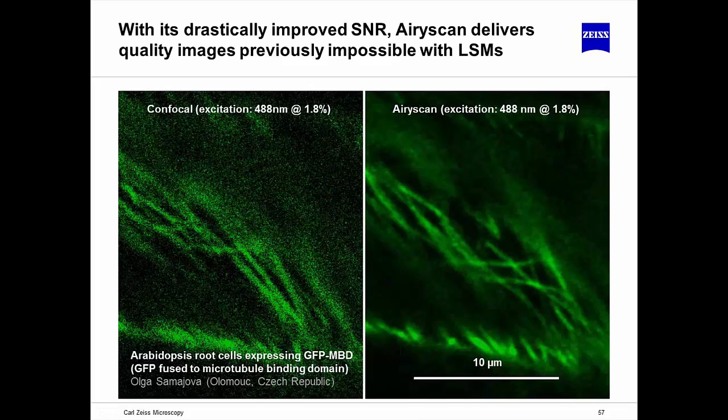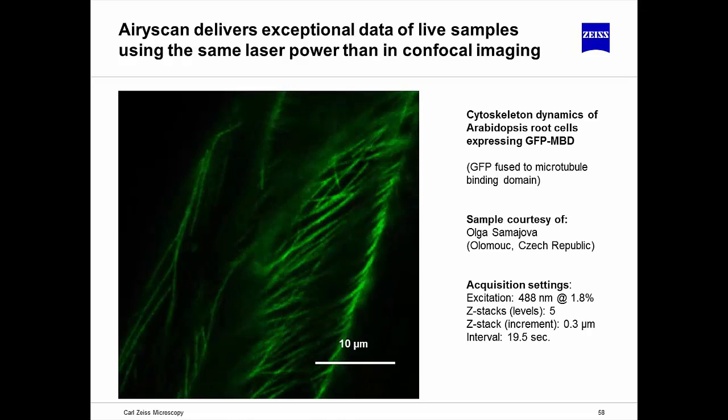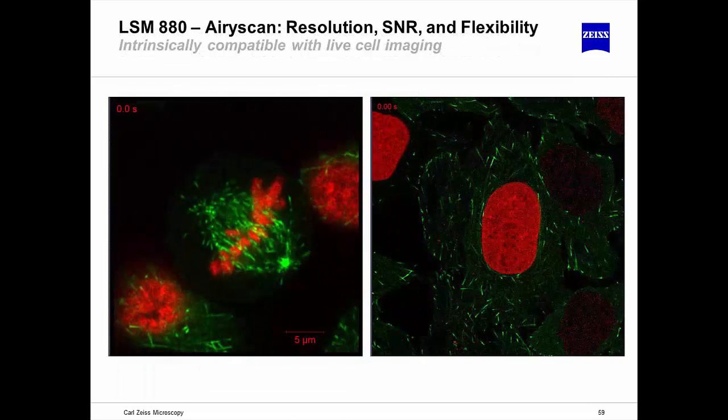In typical samples like this, the increase we see is equivalent roughly to an average of 4 normally. So imagine having an average of 4 without having to put in 4 times the laser power, without having to put in 4 times the time. Because of that, we can get these kinds of stunning movies without bleaching the sample.